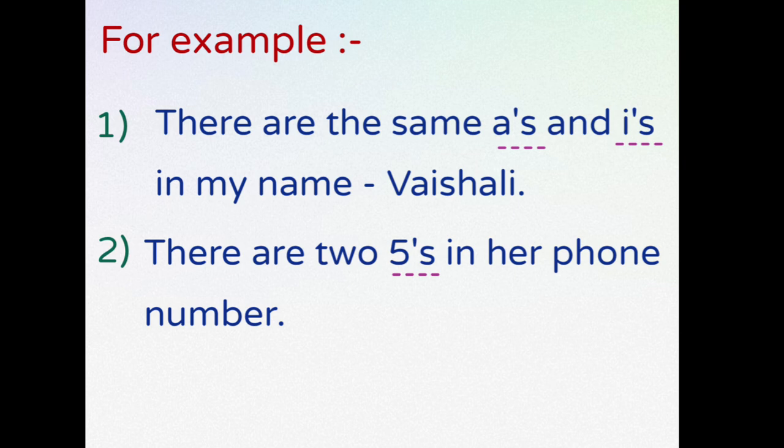So the first sentence, A's and I's, shows plural form by adding apostrophe s to the letters. Second sentence, there are two fives in her phone number. So we are adding apostrophe s to make the plural of a number.